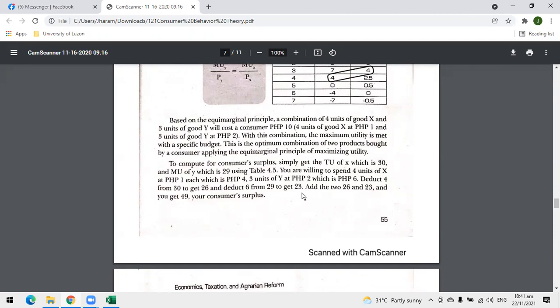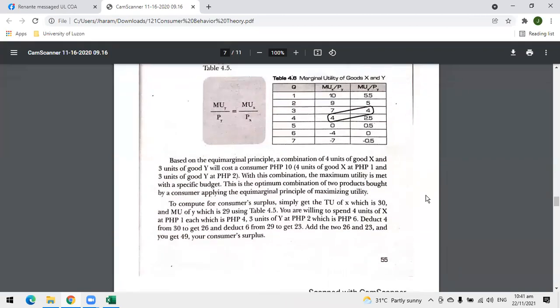This one, I don't know where they got this or how they computed it. These computations make no sense. I really don't see the logic behind computing the consumer surplus using the total utility.